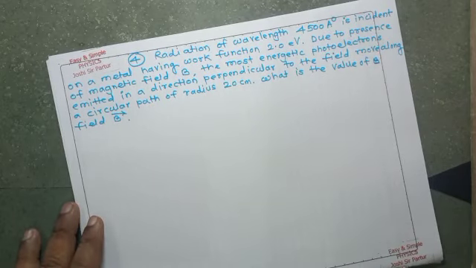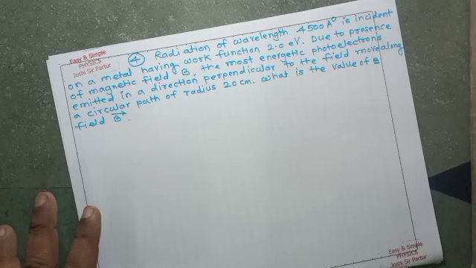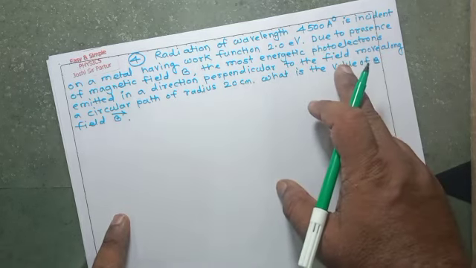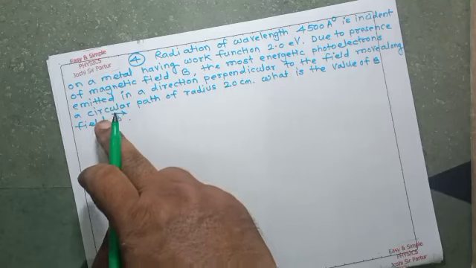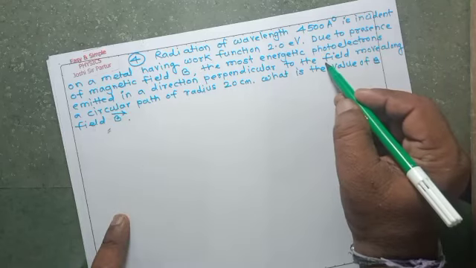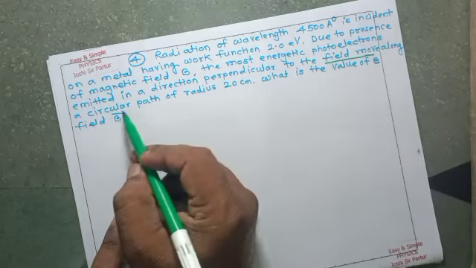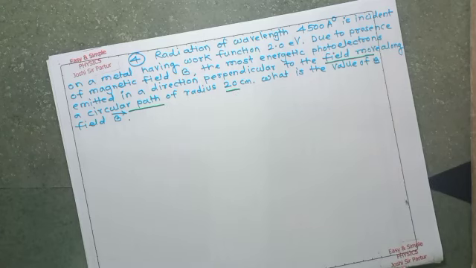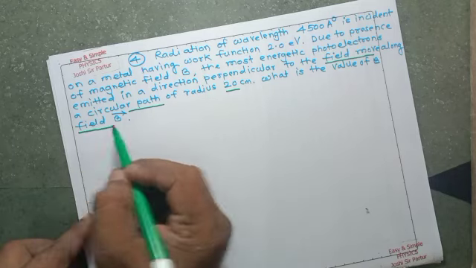Due to presence of a magnetic field, the most energetic photoelectrons emitted in a direction perpendicular to the field move along a circular path of radius 20 centimeter. What is the value of magnetic field B? We want to find B.